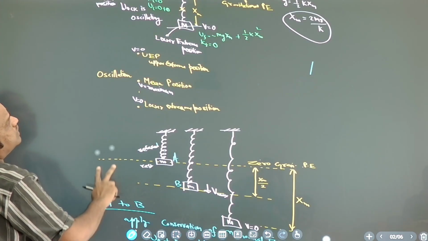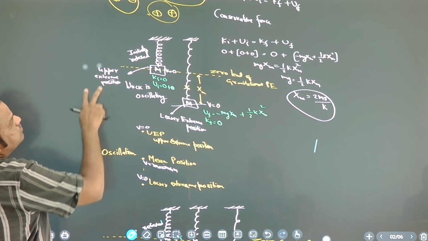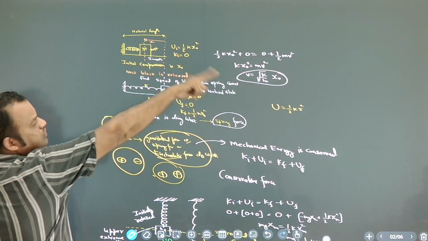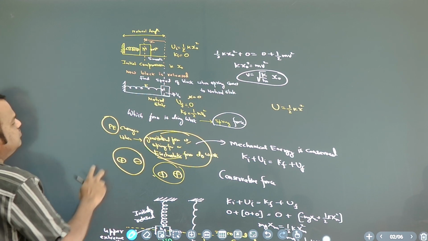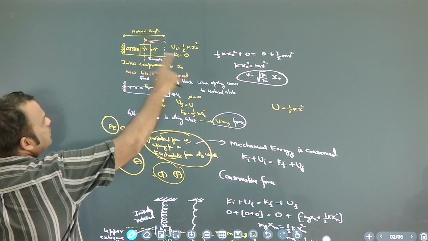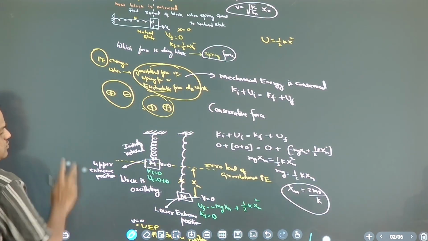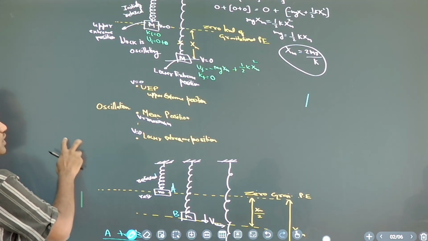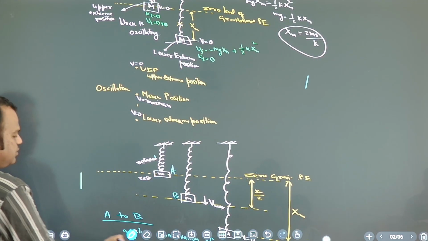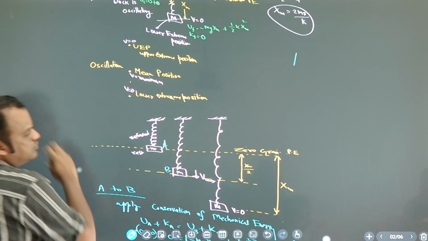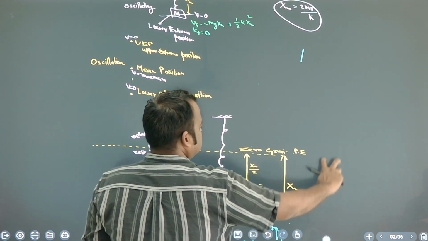Before that we discussed horizontal motion also. Here also it will oscillate. Now we can start our new topic, vertical circular motion. This is the next topic, note down.